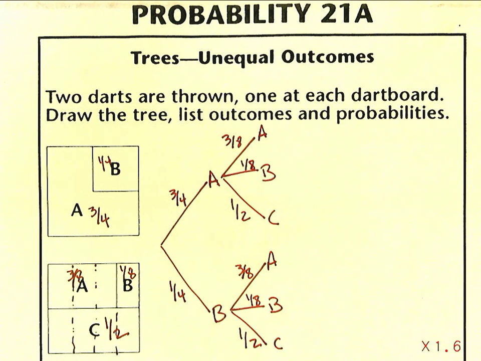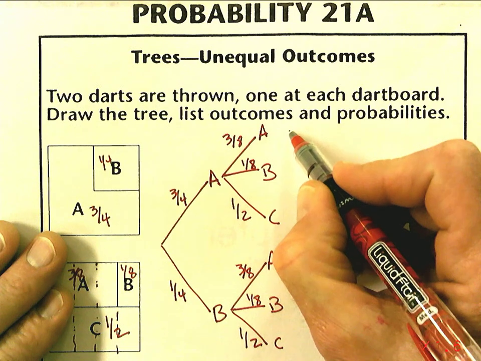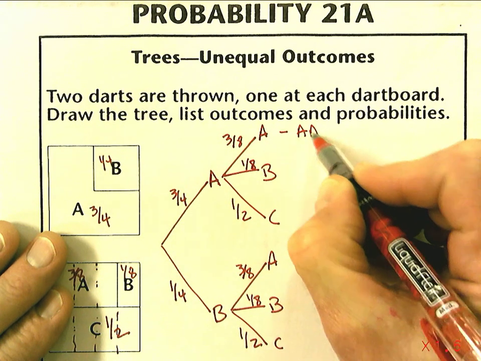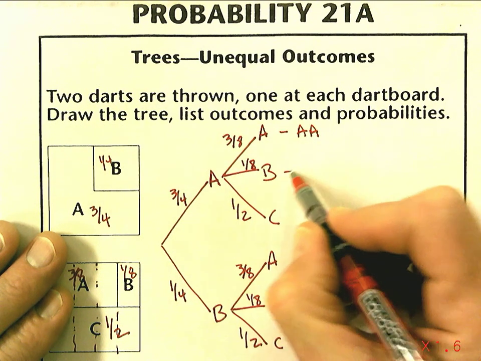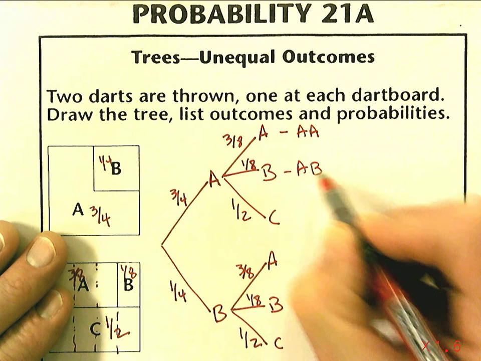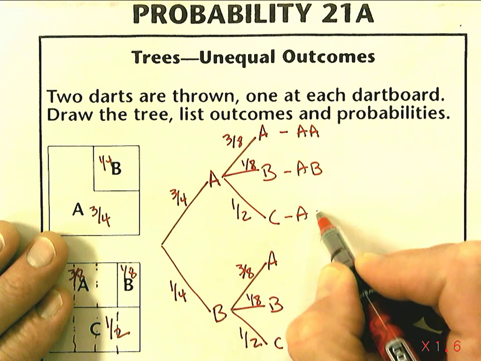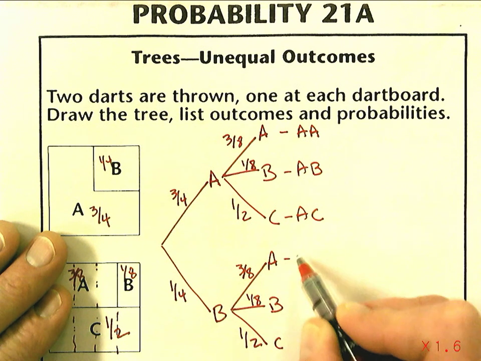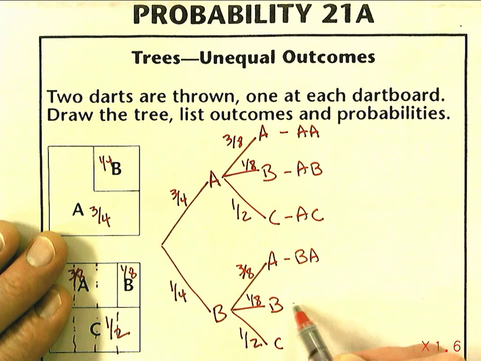And then as we look at each outcome, for instance, this branch here, A, then A, and then A, then B, and then A, then C, and here we have B, then A, and then B and B, and B and C.